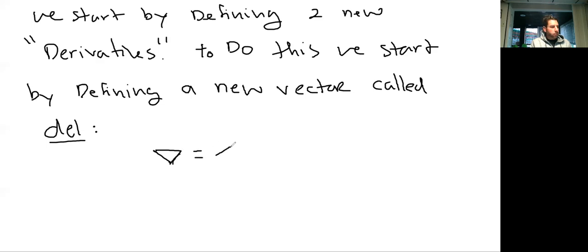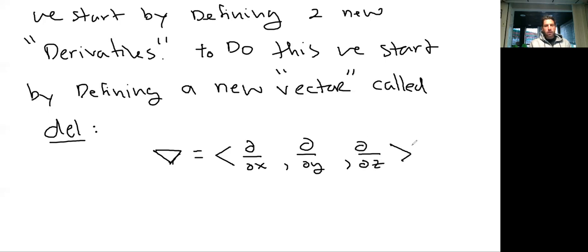Del is equal to, and by the way, I'm going to put this vector in quotations because what is it? Del is really, look at its first component. It's an operation. Its second component is an operation. And its third component is an operation. This might almost look to you like it's a gradient, but it's not.